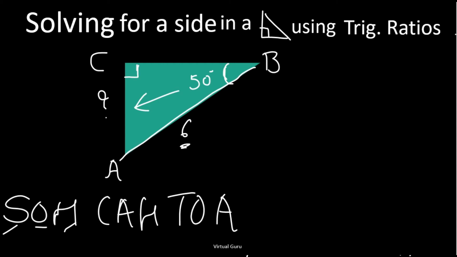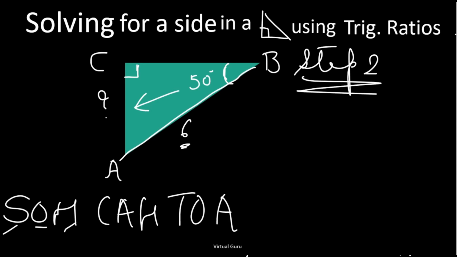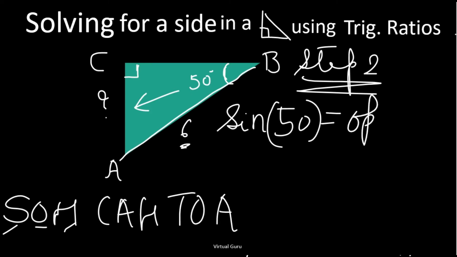Okay, now continuing, we are going to write step 2. So what are we going to do in step 2? Step 2, we are going to substitute for the sine which we have already written in the previous step. So sine of 50 is equal to opposite by hypotenuse.